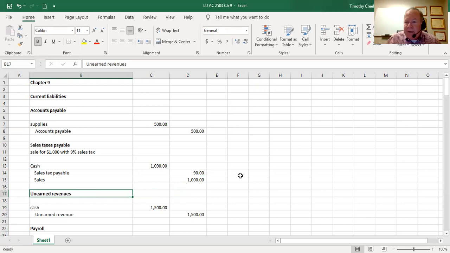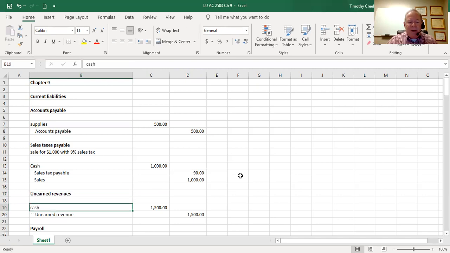So like an NFL team, like the Tennessee Titans, for example, they cannot recognize revenue until they play each game. So they can sell the tickets months in advance. It has to sit unearned until such time as they play the game.